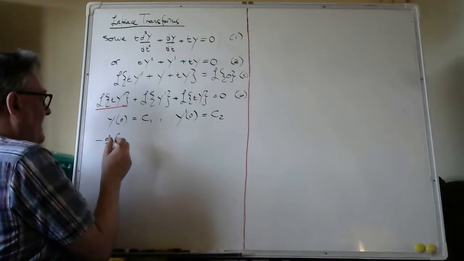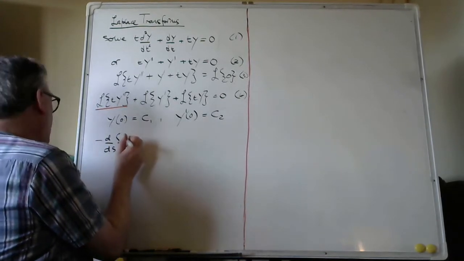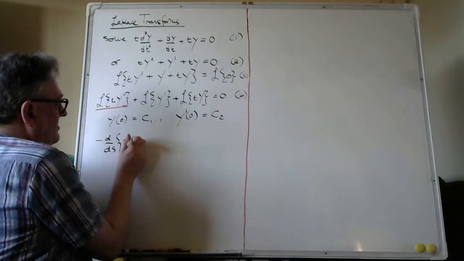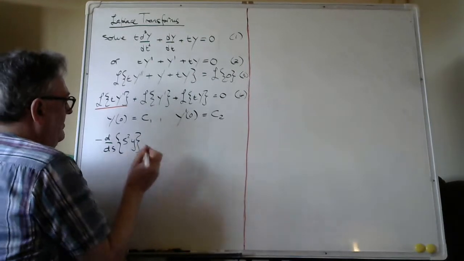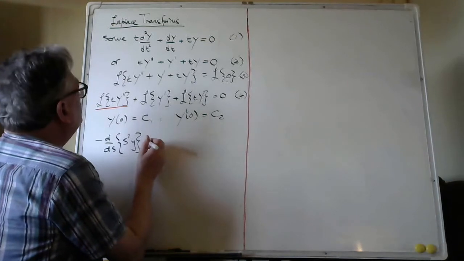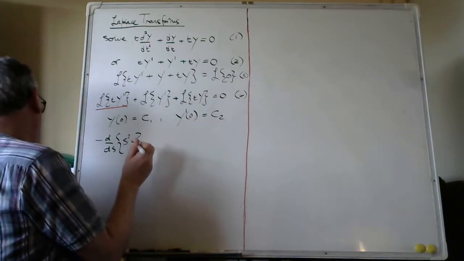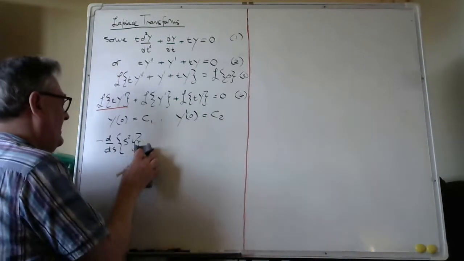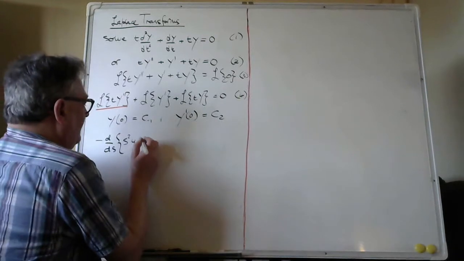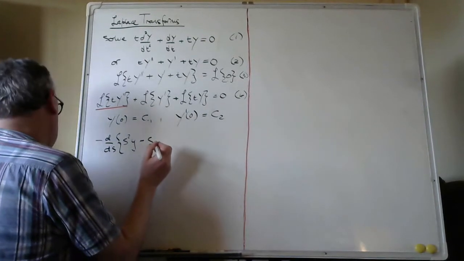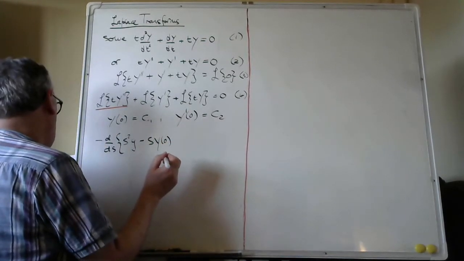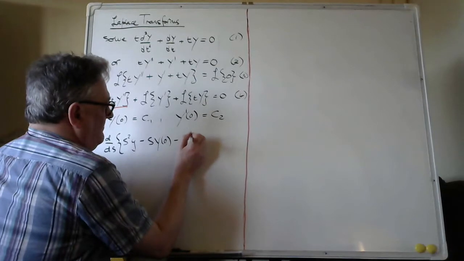So we've got minus d by ds of s squared lowercase y, minus s y of 0, minus y prime of 0.